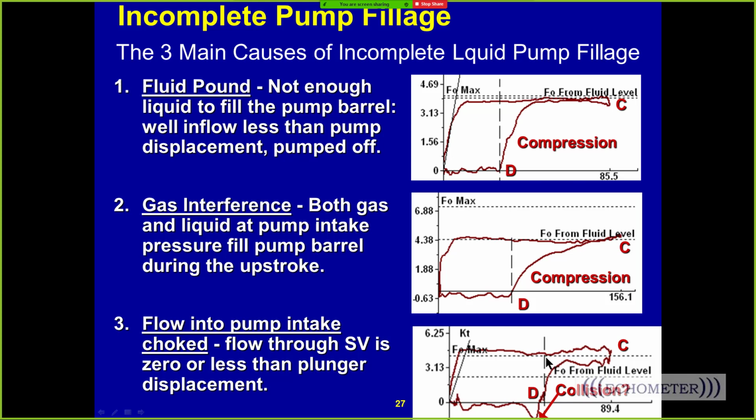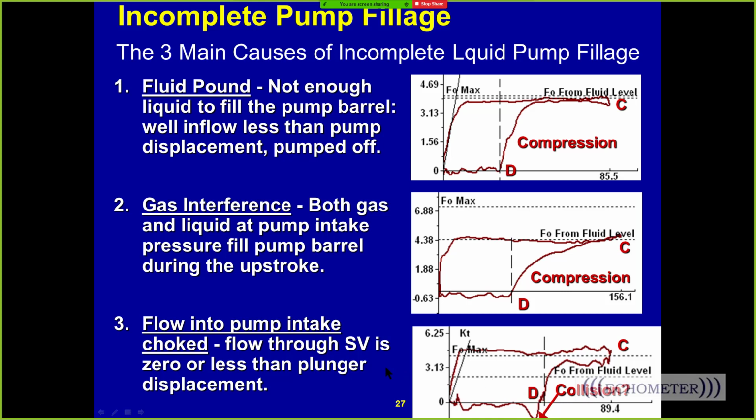And then suddenly, when the plunger gets close to liquid, the load quickly drops off, and often we'll see this little negative load here when the plunger has an impact on the liquid inside the tubing. You don't really see a negative load, a load drop below the zero load line, on a fluid pound card, but often you see it on a blocked intake card.